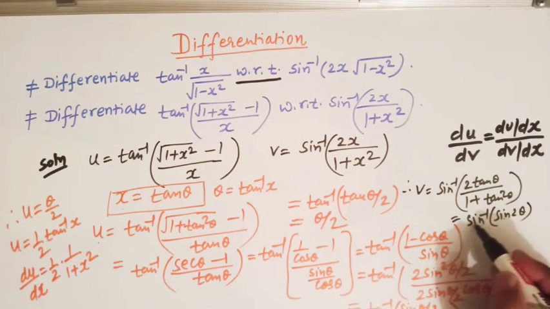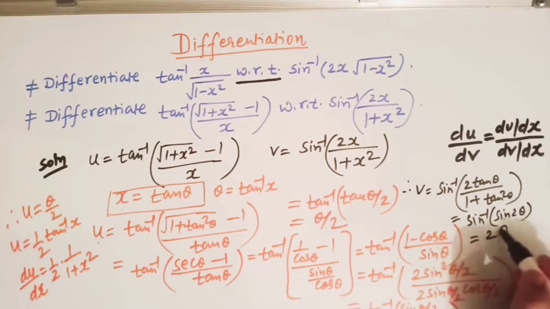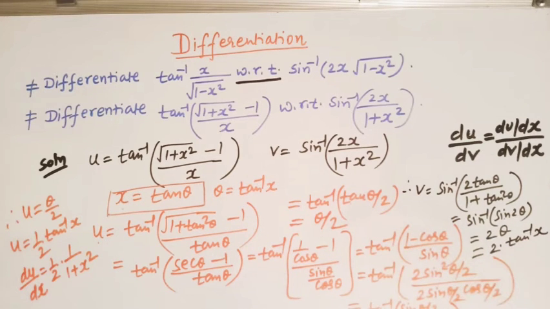And sine inverse gets cancelled, so we have 2 theta, and 2 theta is 2 times tan inverse x, right? So here I am writing dv over dx. So dv over dx is equal to 2 times the derivative of tan inverse x, which is 1 over 1 plus x square, right?